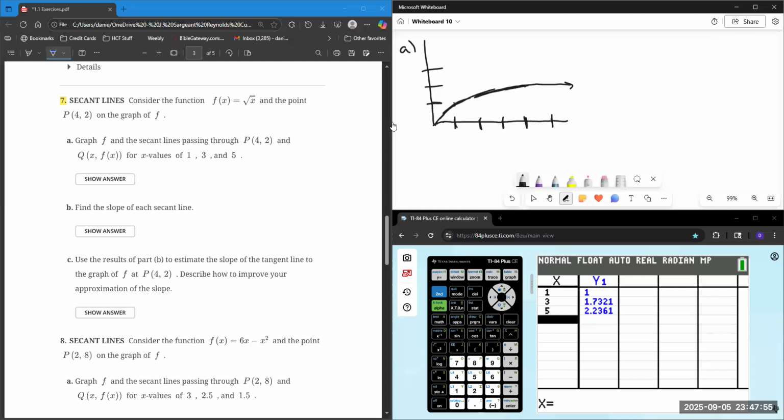And then I'm going to pick a different color here, like red, for the point 1, 1.